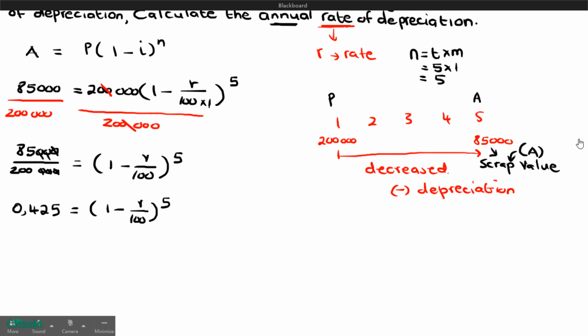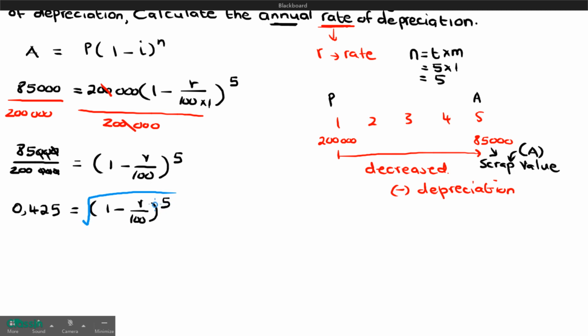Now, we want to apply maths. Because we have an exponent of 5, please don't introduce the logs if they are not necessary. So we are going to take the fifth root.